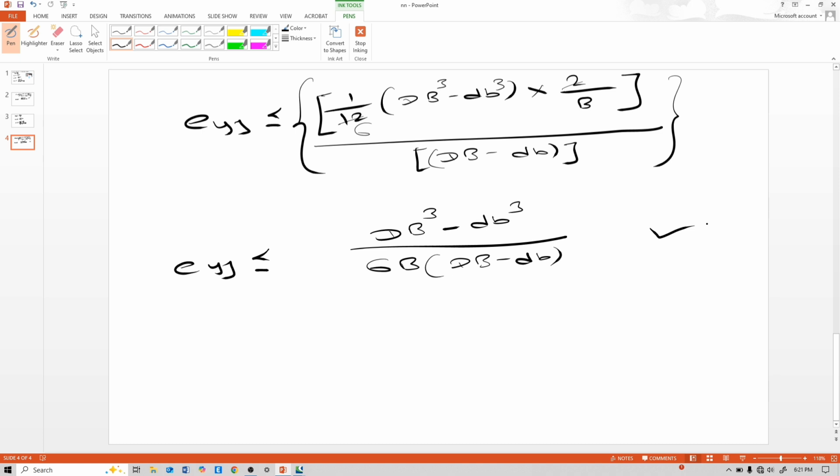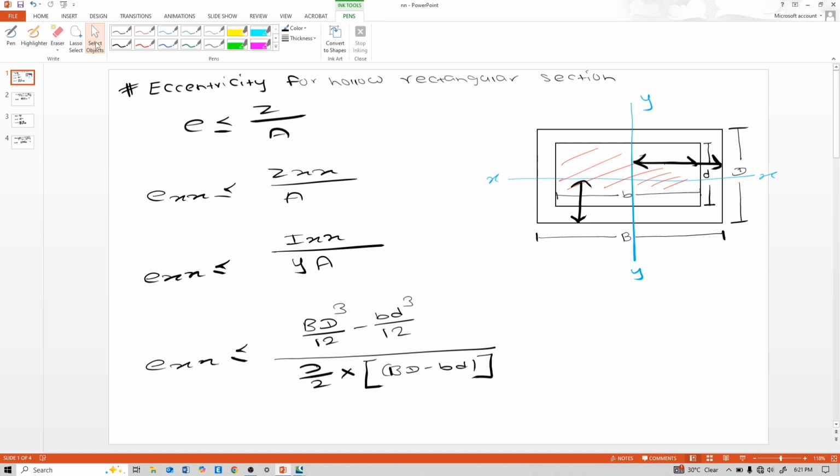Yes. So now the meaning of that is that the eccentricity should be like this: here exx and here eyy. That means inside that portion there are no tensile stresses.